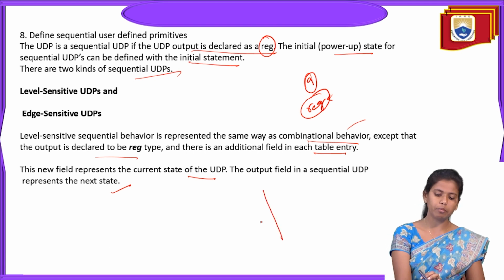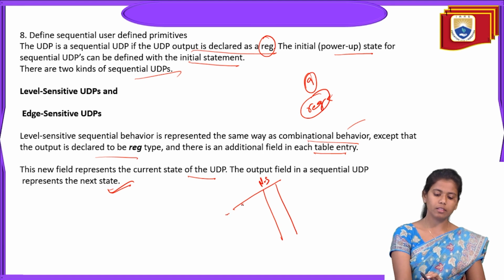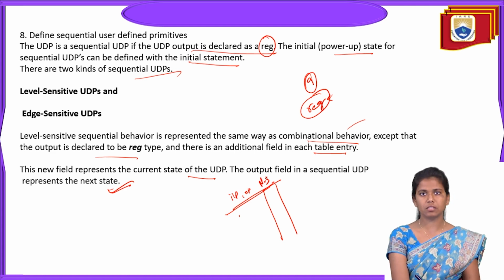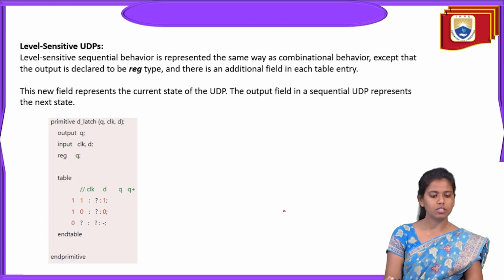So in the table entry, one column is meant only for the next state of the primitive. The table consists of the inputs, the output, and one more column meant for the next state. So this is about level sensitive and edge sensitive primitives.